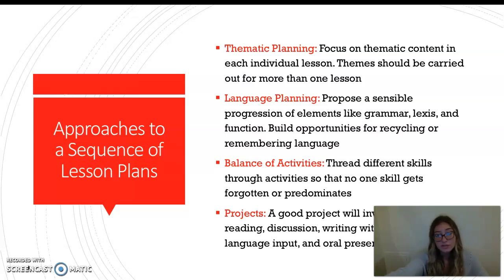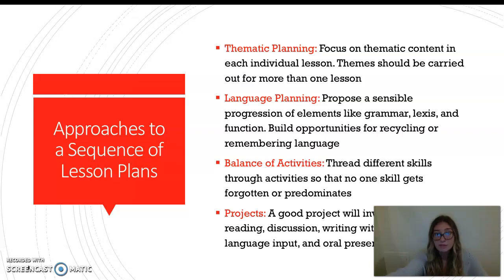The book gave a great example using photography for how one day in class, students study a picture and discuss it. Another day in class, they use their iPhones to take pictures. So each day in class had a different lesson about photography using different skills for writing or reading or oral speaking. So that is thematic planning.